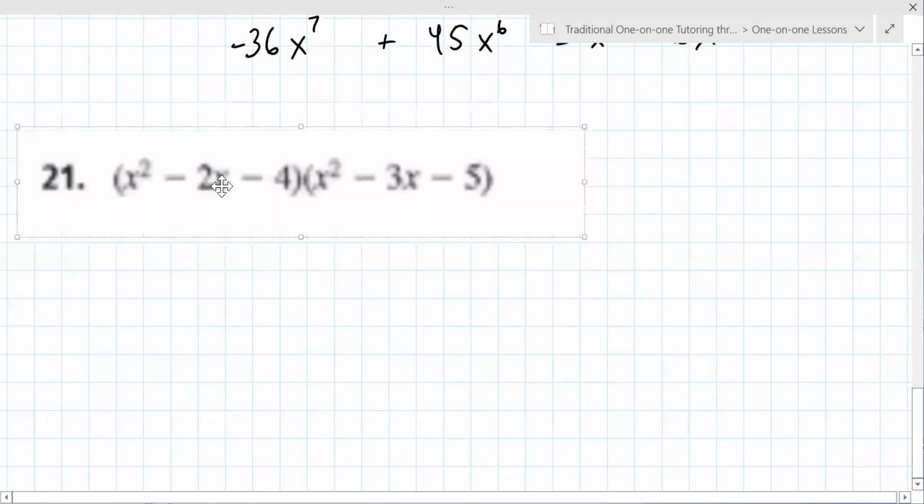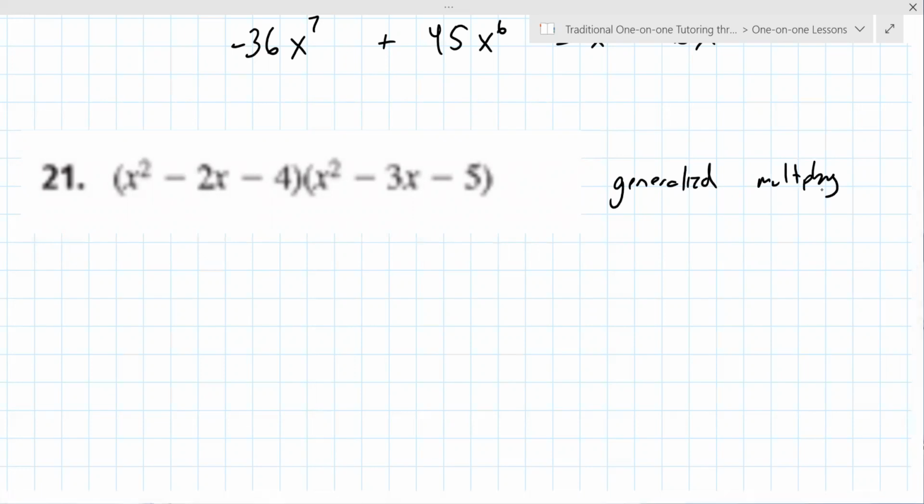Okay, so this generalized multiplying is, and I apologize, this isn't very interesting. There's nothing exciting here, but you do have to figure it out for your test. So you take everything on the left.